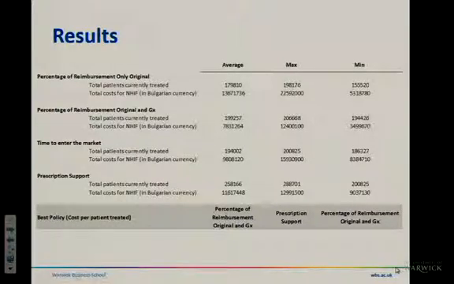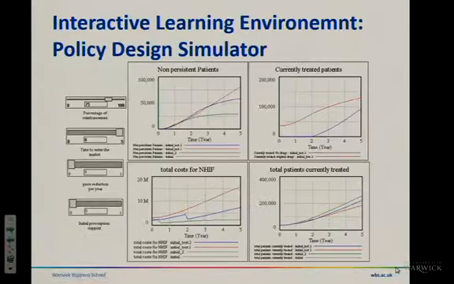That's an important number that you have to consider when you are doing this type of analysis. And then there's a difference in terms of cost per patient treated. So that's one important aspect to take care of.